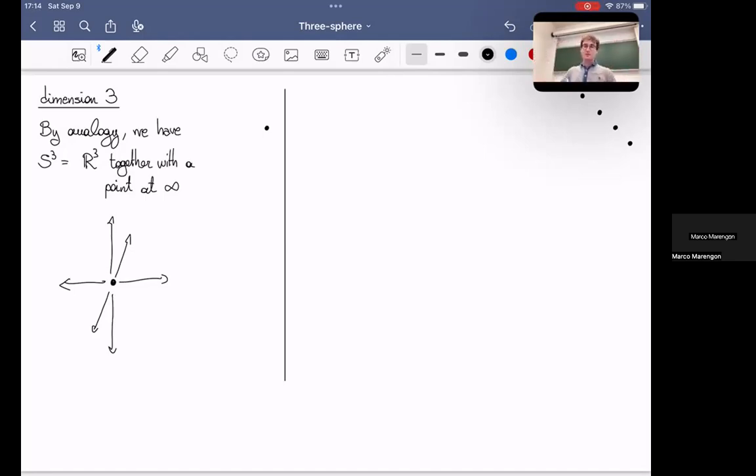So we have to imagine that there is another point that we don't know where to place, but if you go far enough, if you go to infinity in any direction, you will go to this point at infinity.